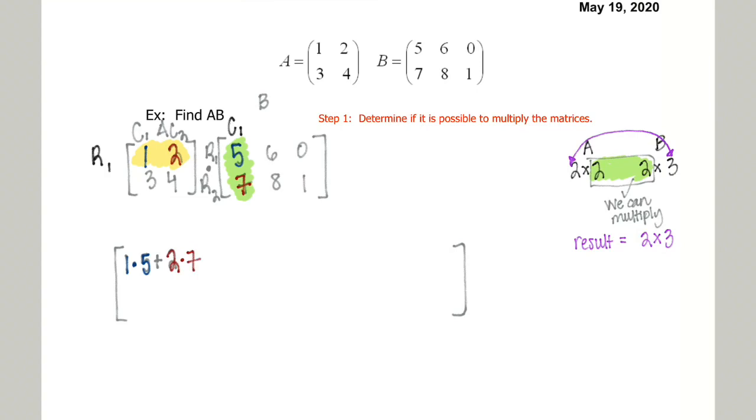So the row 1, column 1 result is 5 plus 14, which is 19.